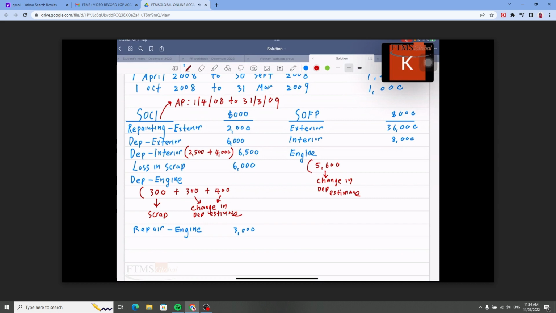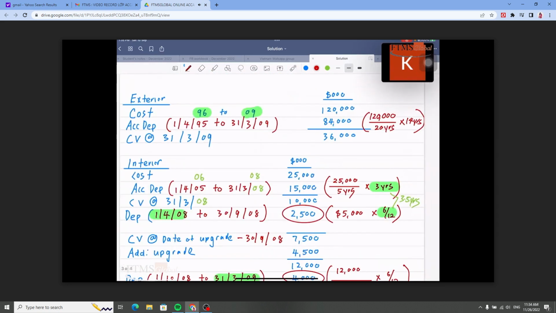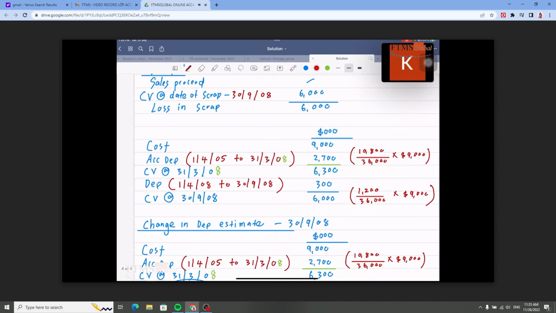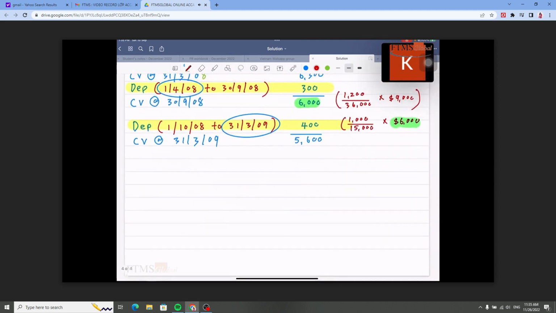Okay, right. So once this is done, then we can do the last one. The last one is the new engine, the last working for the engine. Put it here, should be okay. Right, new engine now.